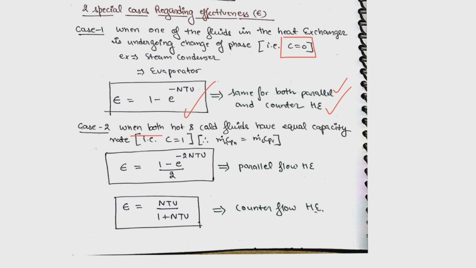When both the cold and hot fluids have equal capacity rates, that is C is equal to 1, then for parallel flow heat exchangers, effectiveness is 1 minus e power minus 2 NTU, divided by 2. But for counterflow heat exchangers, you will end up with a 0 by 0 form, which is not acceptable. After applying L'Hospital's rule, you will get NTU by 1 plus NTU.